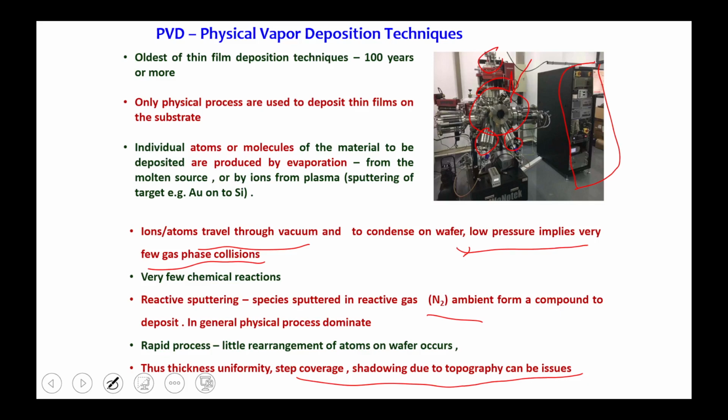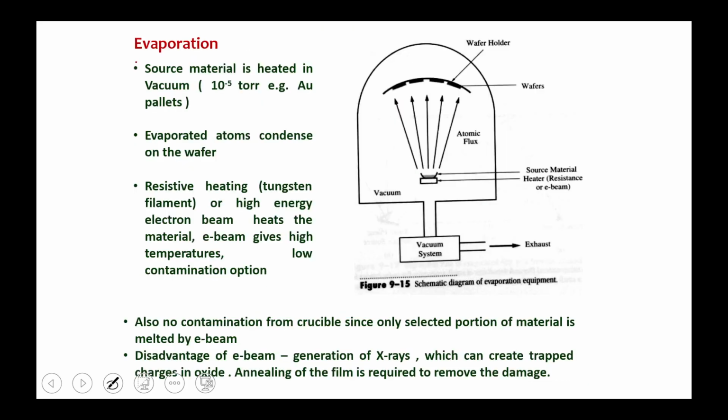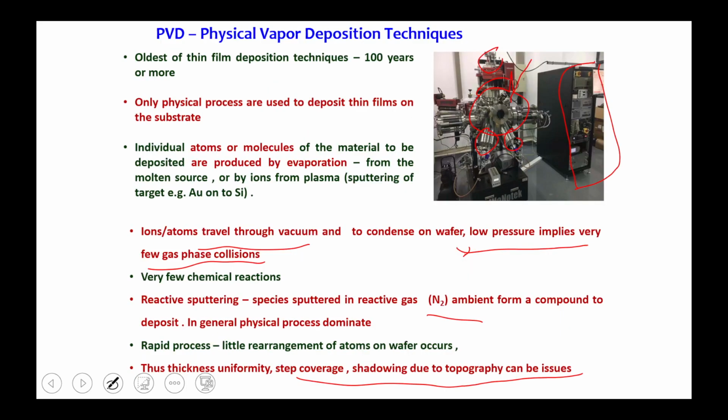Any questions from this slide? Like, what does step coverage mean? It means if you make a step here to measure the thickness, like this is the paper, and I want to deposit material only here without this step.